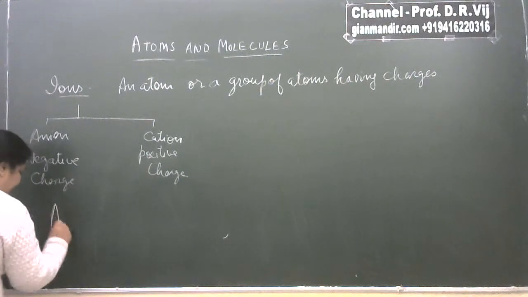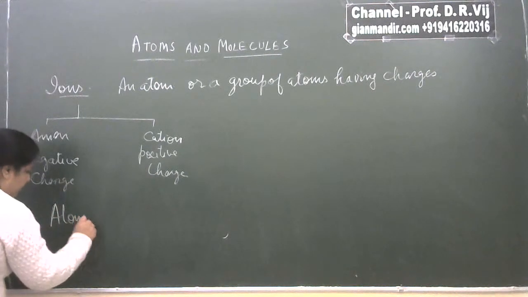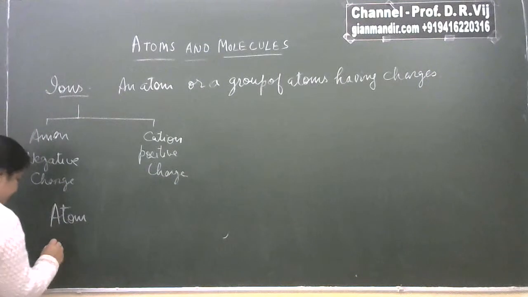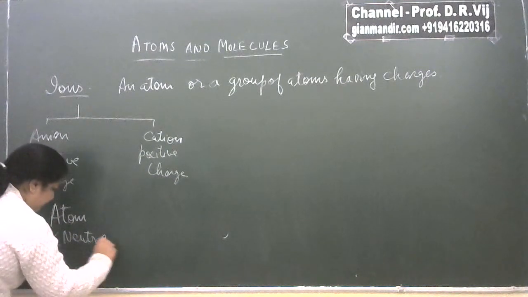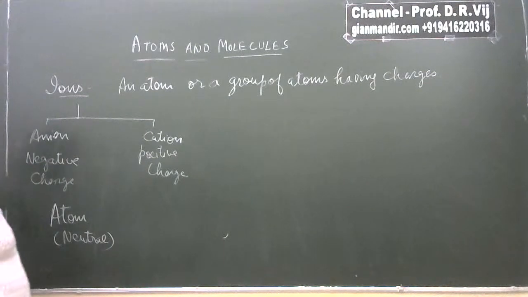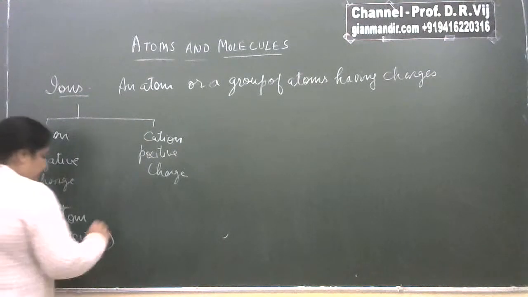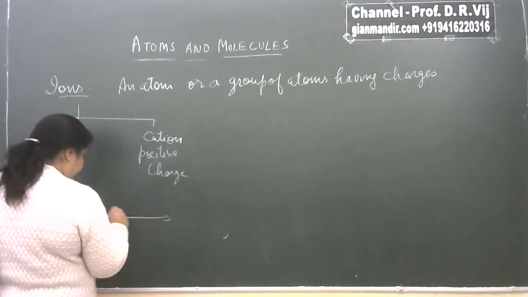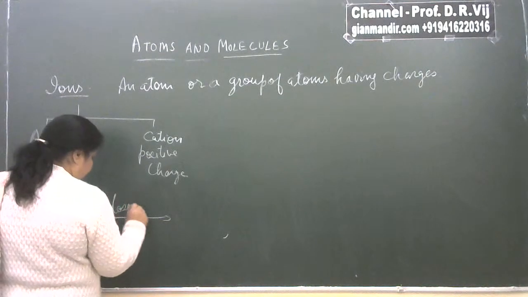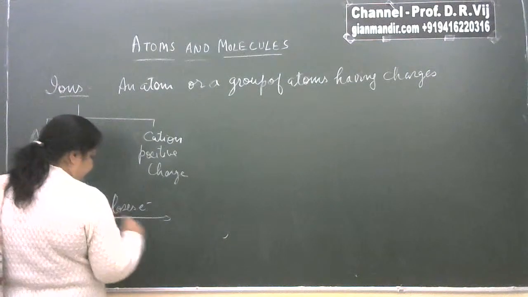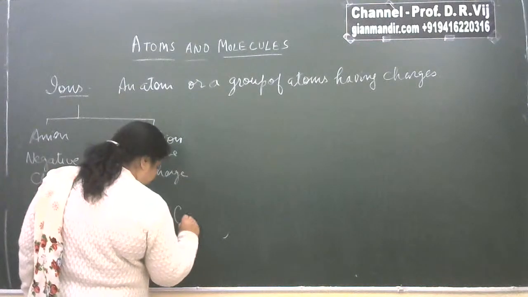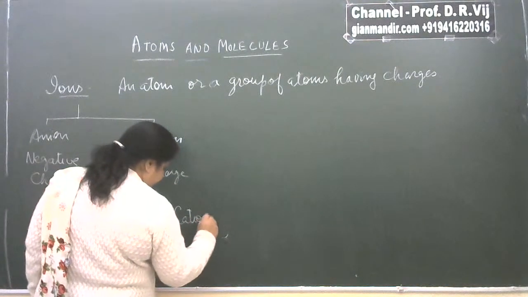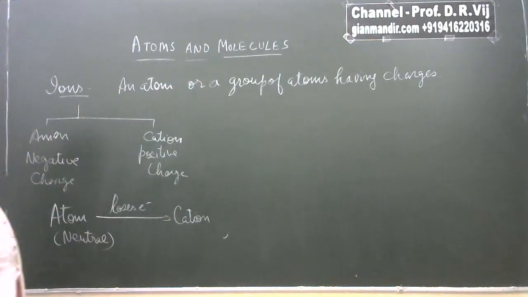So how is an atom converted to an ion? Let's talk about an atom which is originally neutral, meaning having neither positive nor negative charges. When such an atom loses an electron, it gains a positive charge and it is converted to a cation.